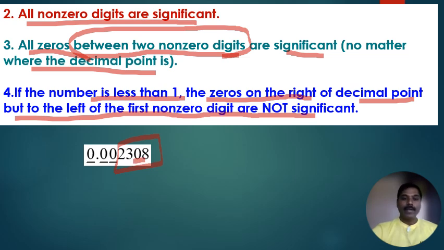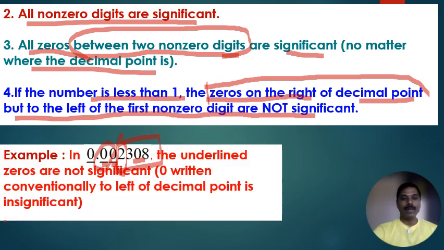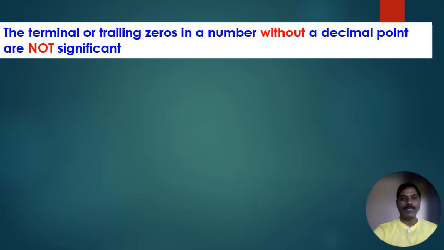But this is a number which has a value less than 1. In this case, zeros on the right of the decimal point, that means these two underlined zeros, but to the left of the first non-zero digit, the first non-zero digit is this one, 2. So these two zeros are insignificant. Hence 2308 are the significant figures in this example.